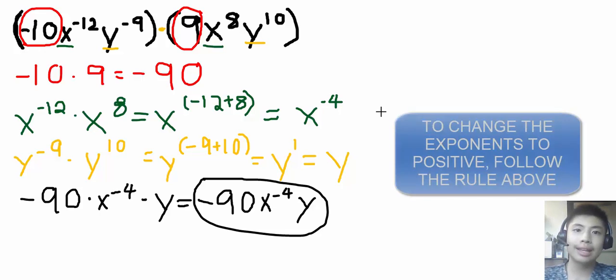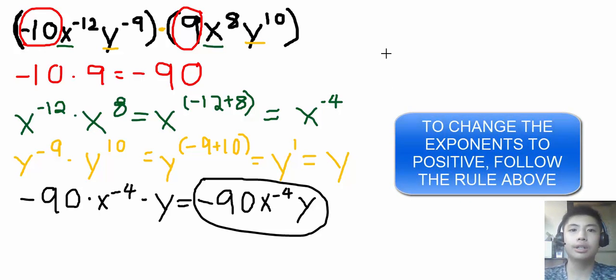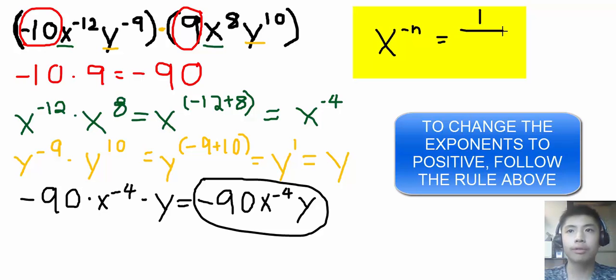In order to convert that to positive, we need to understand the rule: x to any negative power equals 1 over x to that positive power. So basically, that negative exponent becomes positive.